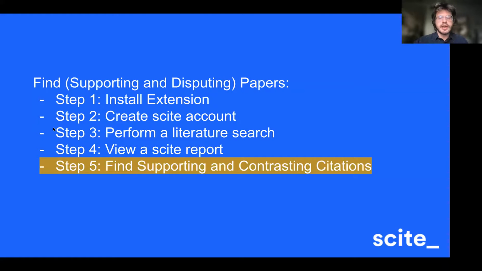And then finally, once people get familiar with performing literature searches in Scite, viewing Scite reports, gathering citation information, and so on, they start to use the ability to really hone down the kinds of information they're looking for, whether they are looking for supporting citations, whether a study's been replicated, or whether there have been similar arguments, or contrasting citations, so gaps and criticisms about a paper.